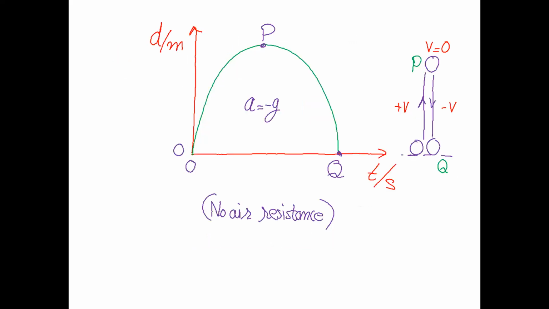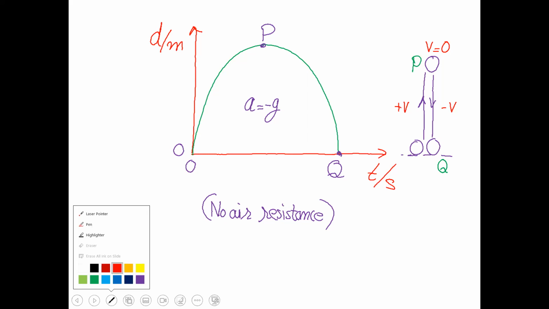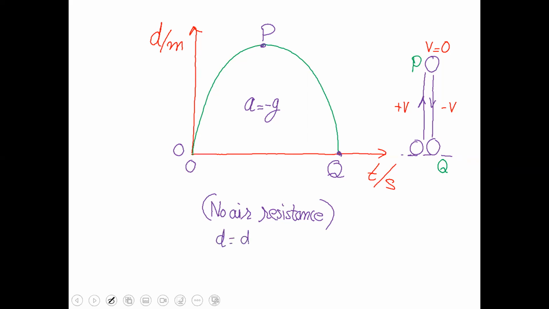So a ball is thrown upward. There is no air resistance in the upward motion. Velocity is positive, and for the downward motion, velocity is negative. It is a displacement time sketch, and there is no air resistance in this case.